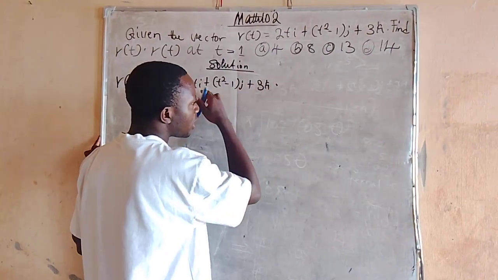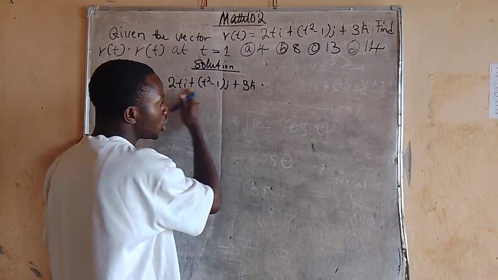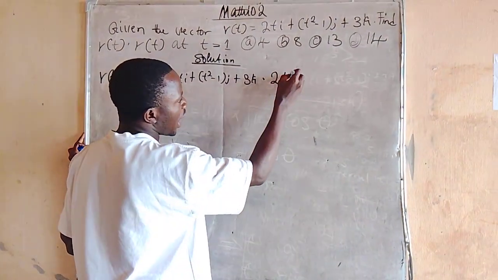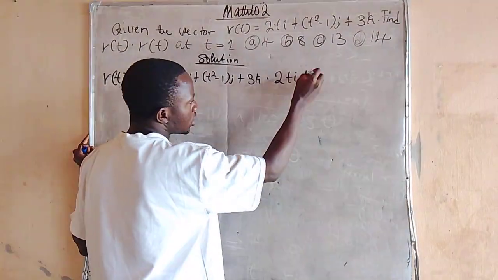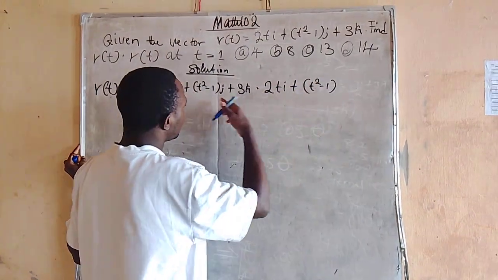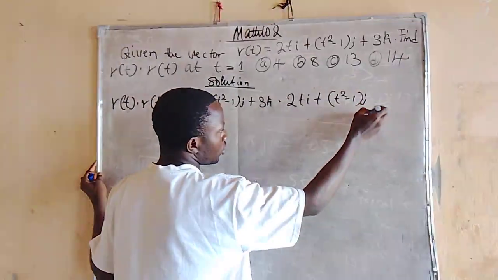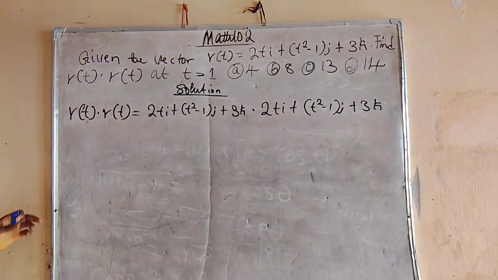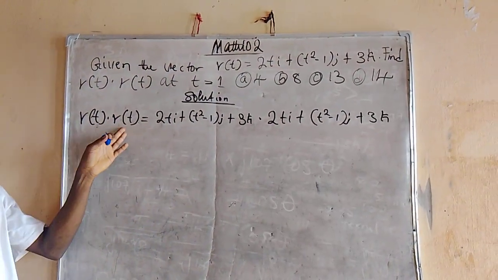We are going to multiply the vector by itself, so we repeat the same vector here, which is 2t i plus (t squared minus 1) j plus 3k. So that is the interpretation of this.